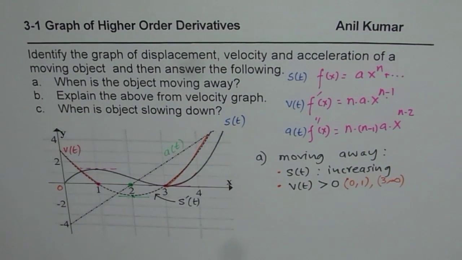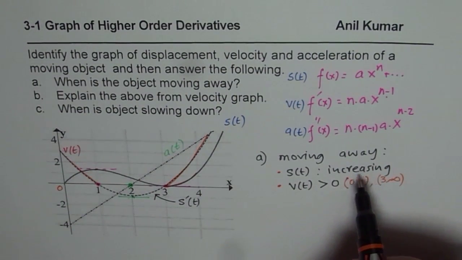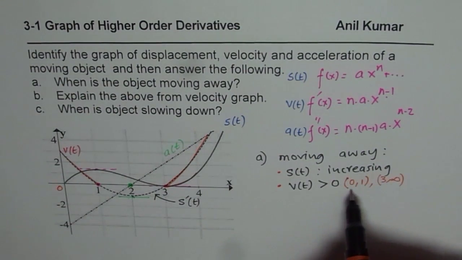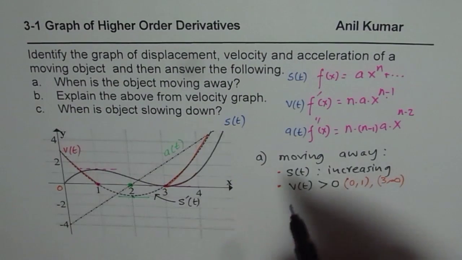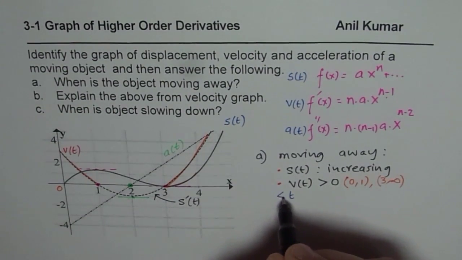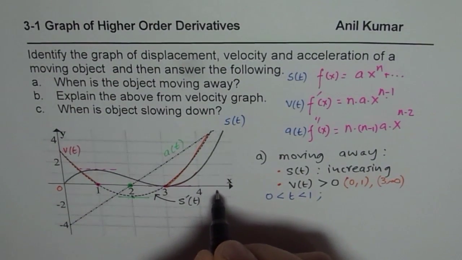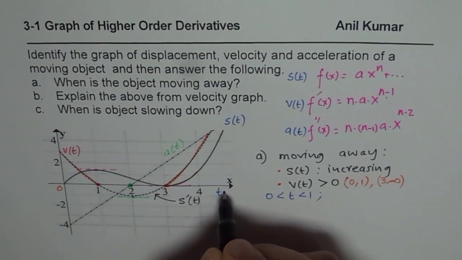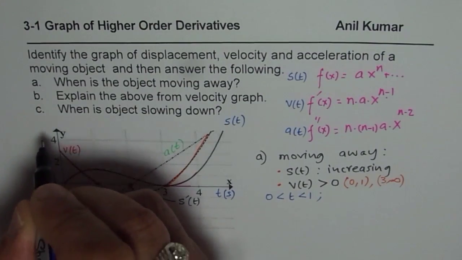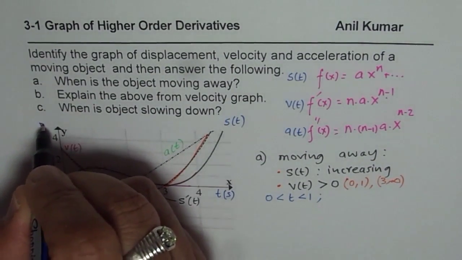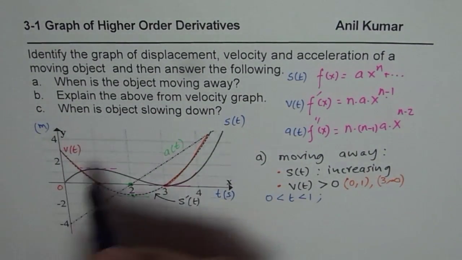Is that correct? So what we find here is that the object is moving away when time is greater than 0 and less than 1. That is one portion. Here we have x, or let me write t here, in seconds, okay? And let me write this as in meters, just to be, we didn't give any units.